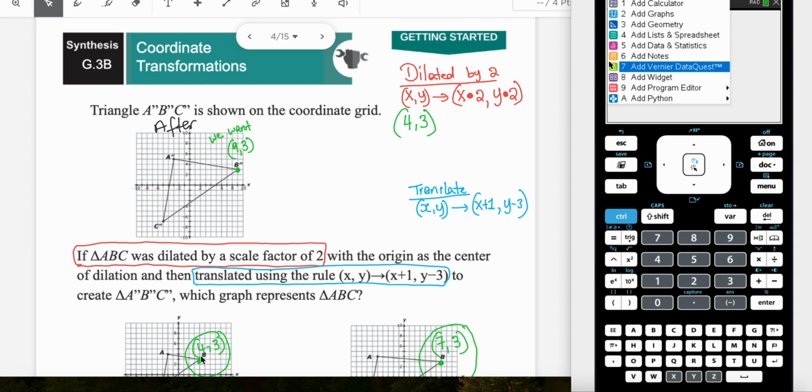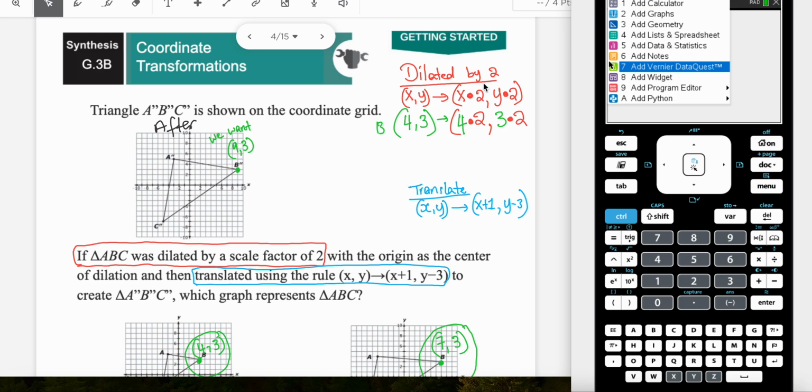So we're doing this one, graph A. 4, comma 3, if we dilate that by 2, the x coordinate is 4, so you're going to multiply the 4 by the 2, which is our scale factor, comma. And then the y coordinate is 3, and you multiply that by 2. This is coordinate B.